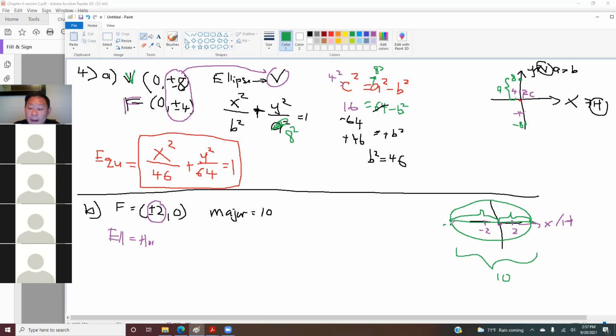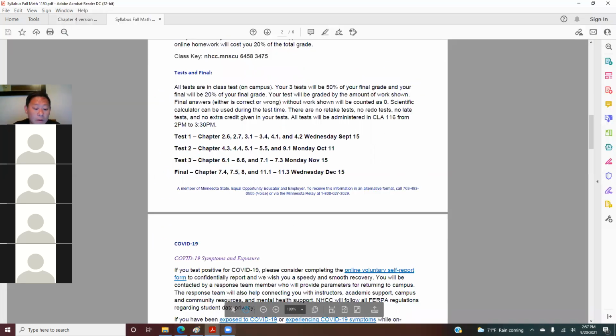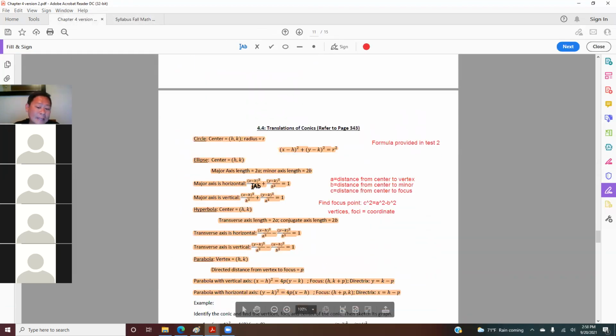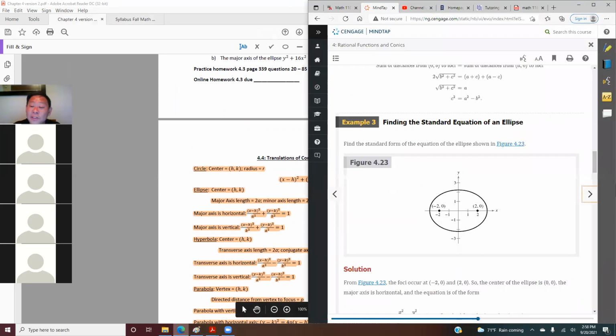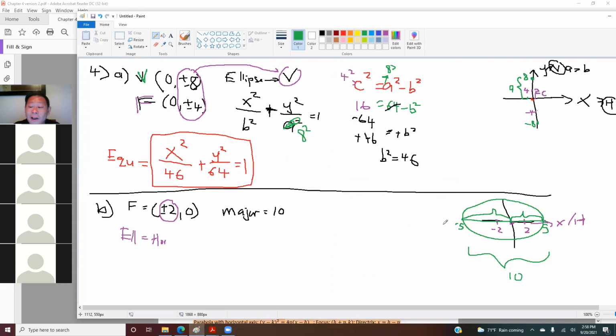So this is -5 and this is positive 5. Is the 5 and -5 your vertex? Yes, A. I'm teaching you very slowly because if you miss this one, you get everything wrong. That means your a in this case is 5.